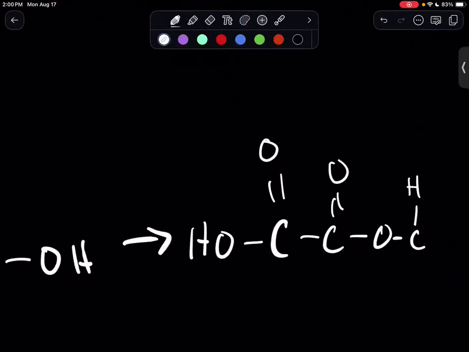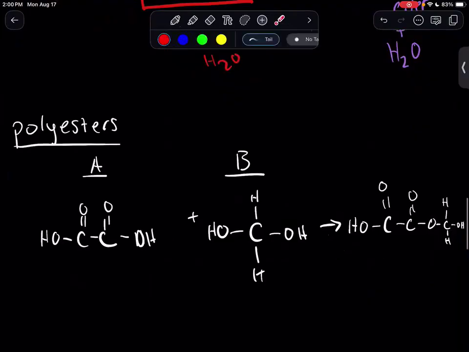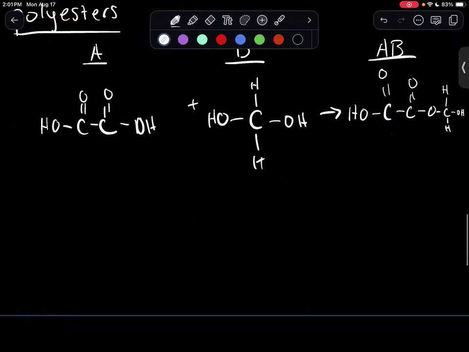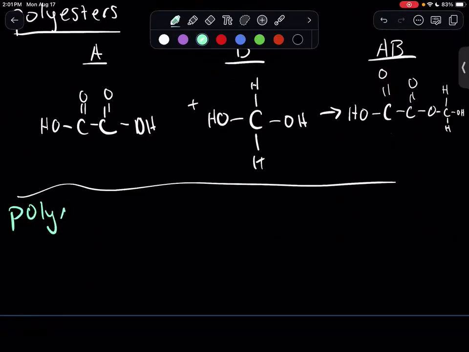But we can now see that on one side, we still have our alcohol. On the other side, we still have our carboxylic acid, and AB can then bond with another AB. And we can just continuously make these chains. So for a polyester, we need to be able to have that repeating subunit section. So those are polyesters. Taking a break from those, we're going to move over to polyamides.